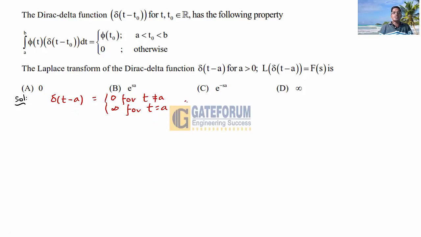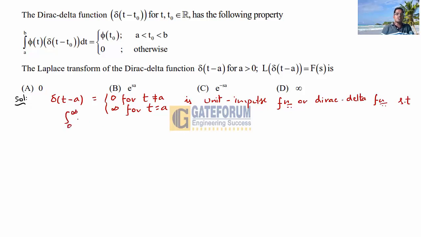This is the unit impulse function or Dirac delta function, such that the integral from 0 to infinity or minus infinity to infinity of delta of t minus a dt is equal to 1.